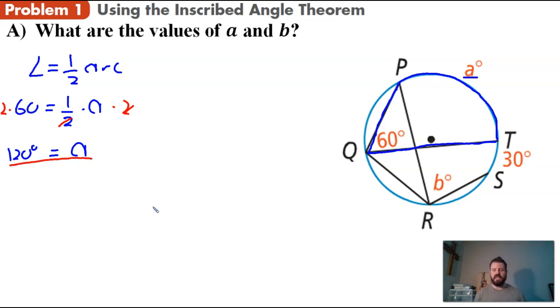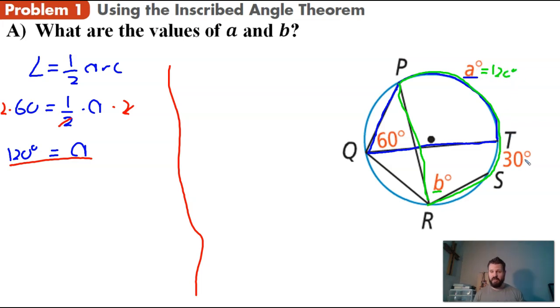So that's how we can use an angle to figure out an arc. We can also go the other direction. We can use an arc to figure out an angle. Now I also want to know angle B. If I trace angle B out to the sides of the circle, I see that B intercepts this arc from P all the way around to S. What is that made up of? That's made up of the A, the 120 we just found, plus the 30.